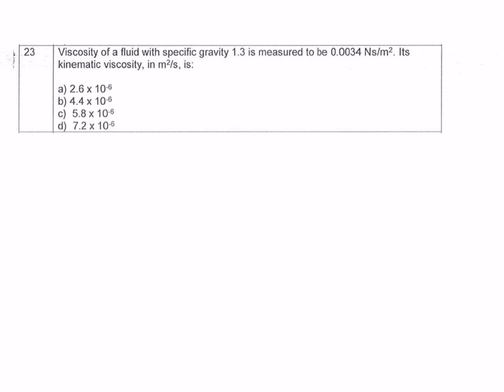So specific gravity S is given as 1.3 and the viscosity value is also given, 0.0034 Newton second per meter square. Kinematic viscosity we have to calculate. Viscosity given means dynamic viscosity is given.